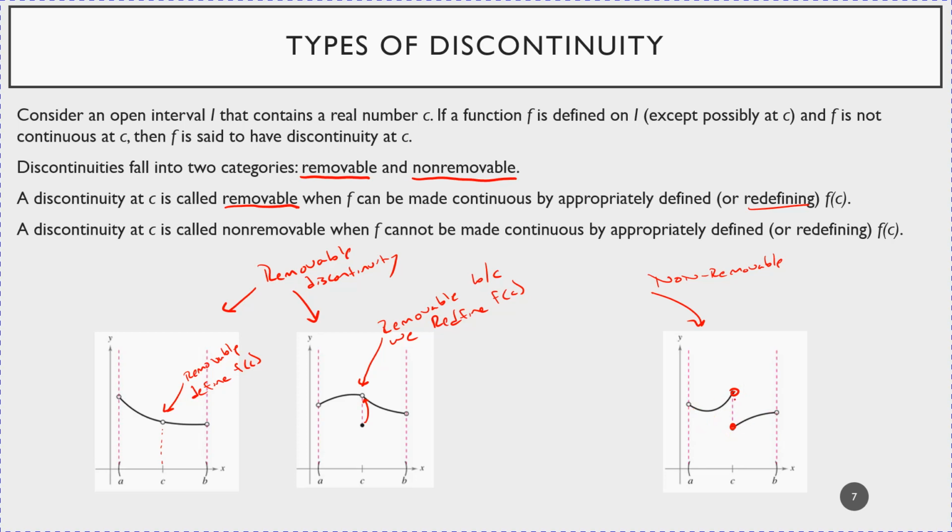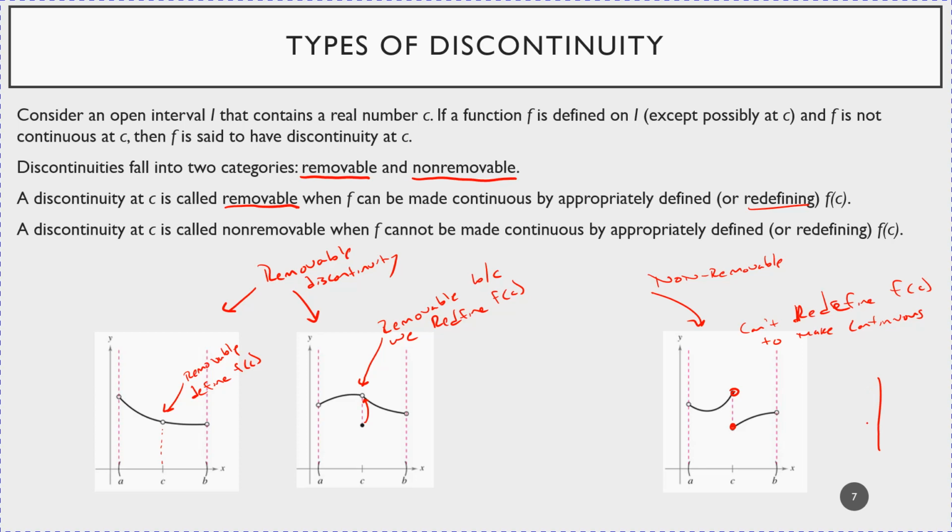You still have a jump. There's no way to redefine just a single point to make it continuous. So that would be an example of non-removable.